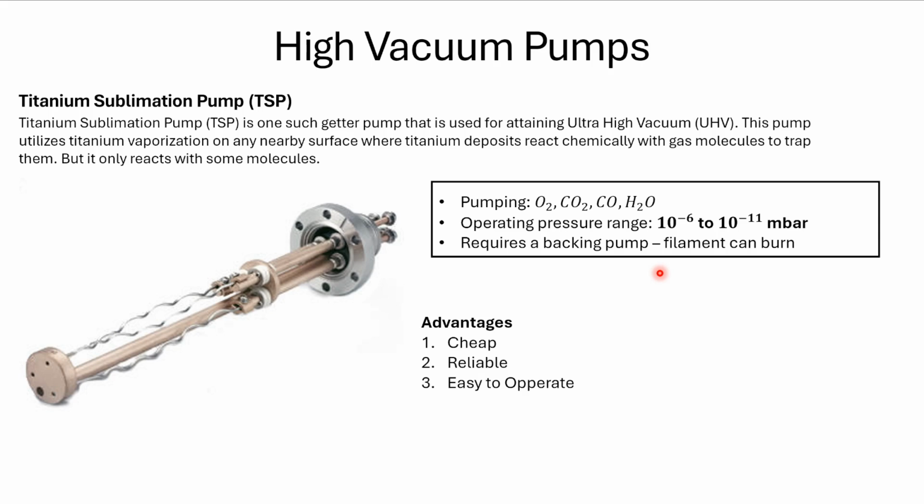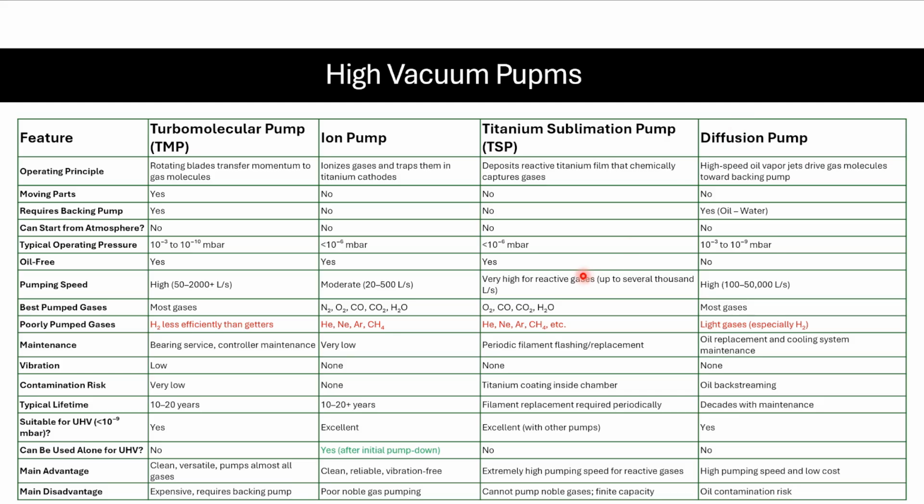Therefore, you have to watch the ion gauge measurements. The disadvantage is that this pump only pumps a few molecules: oxygen, carbon dioxide, carbon monoxide, and water. That's all. And you can see the comparison of these three high vacuum pumps.